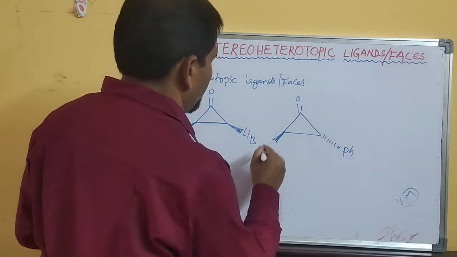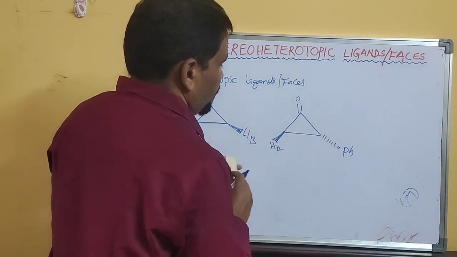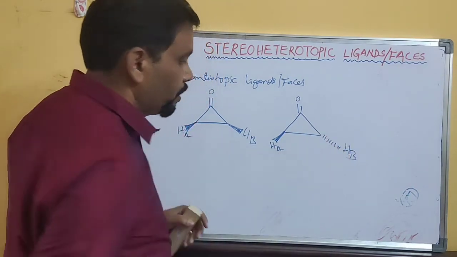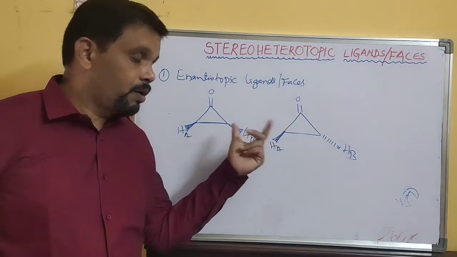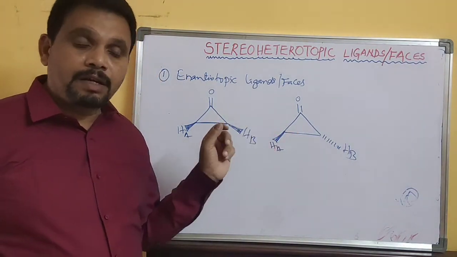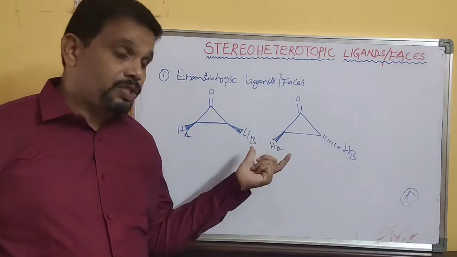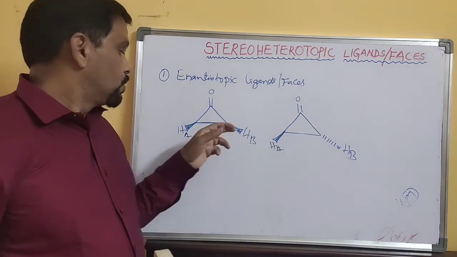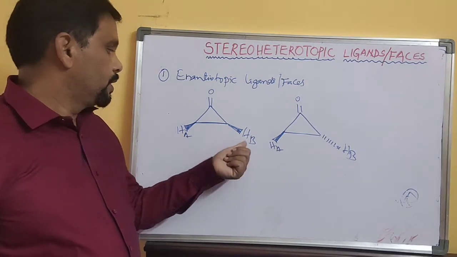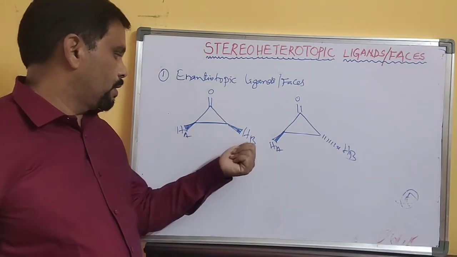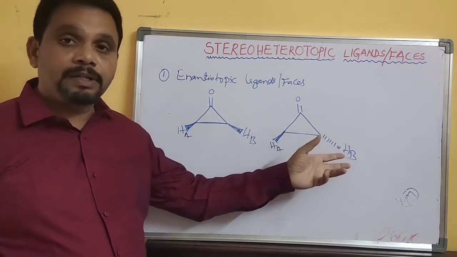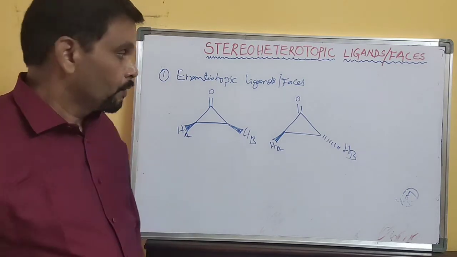So this is also Ha, this is also Hb. What is the difference between these two isomers? The only difference is that the stereochemistry is different. Okay, so in this first example, both these ligands or atoms are in the same plane, but in this case they are in different planes.